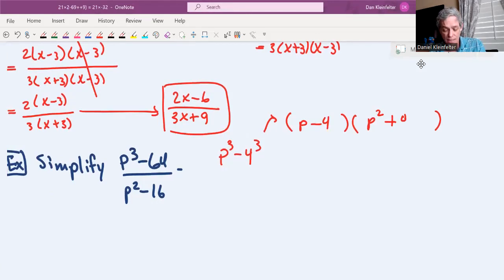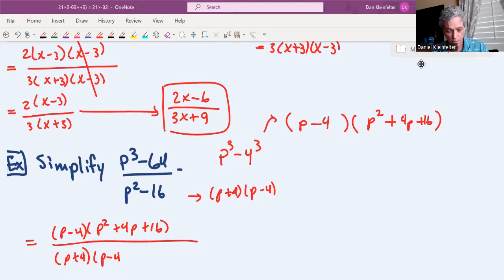Down below, this is just a difference of squares. So we will have (p plus 4)(p minus 4). Putting together the parts, our numerator was (p minus 4)(p squared plus 4p plus 16). Down below, we had (p plus 4)(p minus 4).